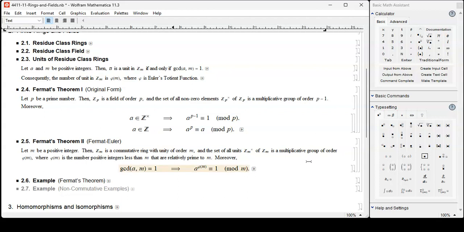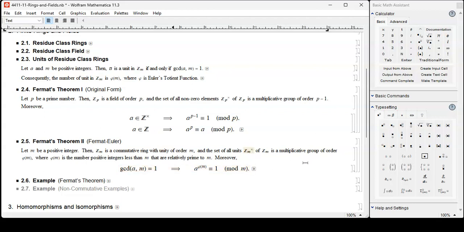A to the phi of m is equal to 1. So select any integer a that is relatively prime to m. A to the phi of m power is 1 modulo m. The idea is similar.